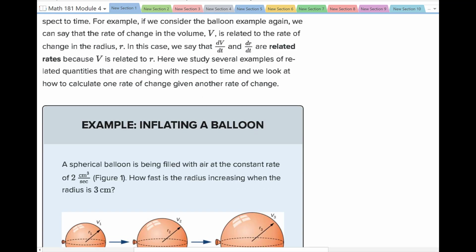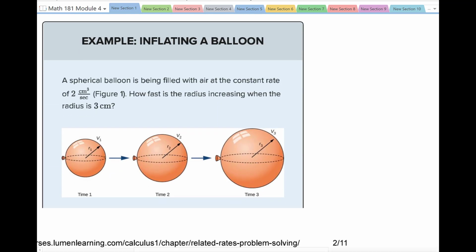Okay, so here's a problem. A spherical balloon is being filled with air at the constant rate of 2 cubic centimeters per second. How fast is the radius increasing when the radius is 3 centimeters? So we can start off by looking at the volume of a sphere. Volume is going to be 4/3 pi r cubed. So we can express volume as a function of radius.